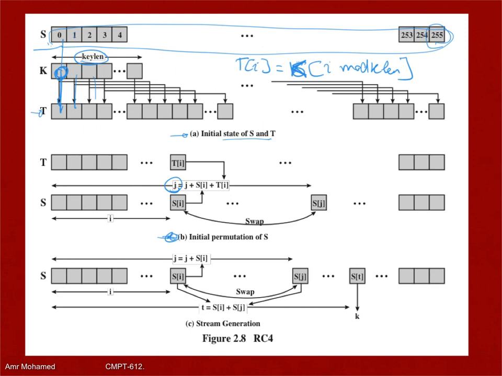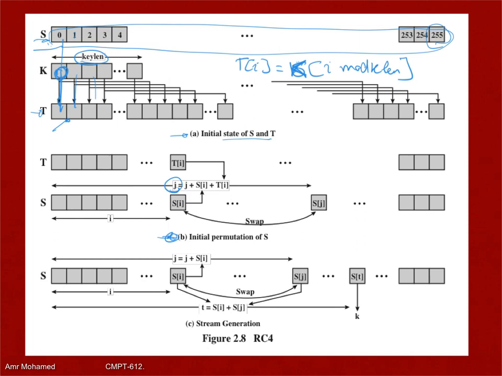What we do here is that we are trying to swap 2 bytes in the S vector based on a function of the T vector. Every step, we're trying to swap 2 bytes. It's like we're trying to scramble S, based on the values in T, which is based on the key.